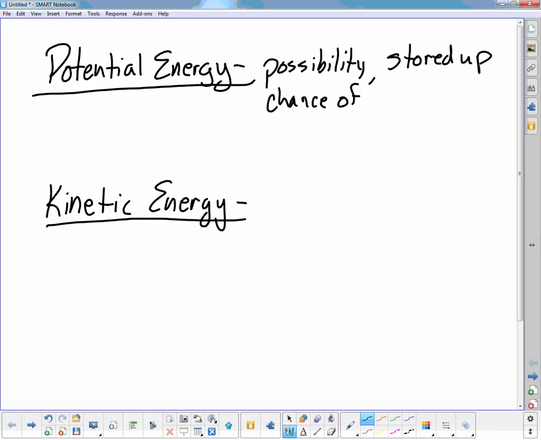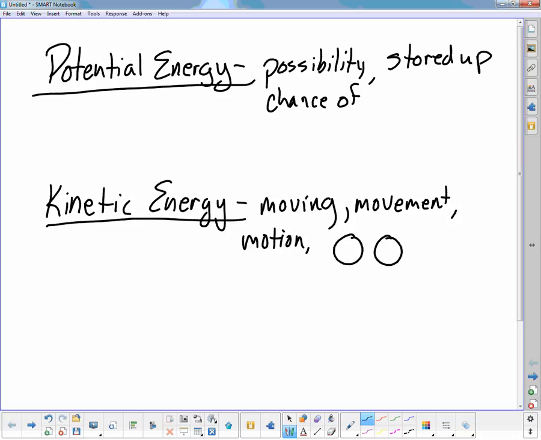Okay, all right, kinetic. Moving. Okay, what else? Movement. What else? Motion. I'm using it right now.